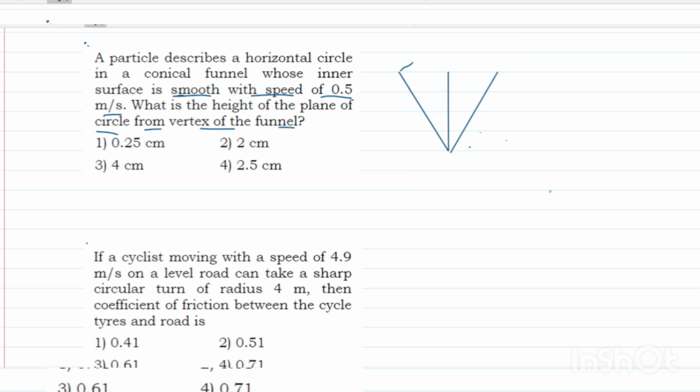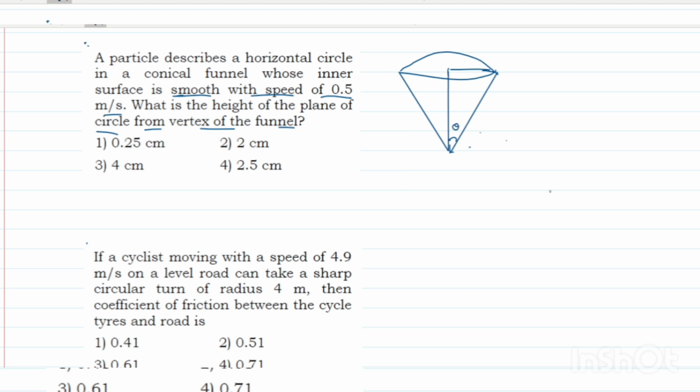So this is a funnel shape. Inside, a smooth surface is given, a particle is moving in a horizontal circle, and this is the vertex. Here it makes an angle theta.